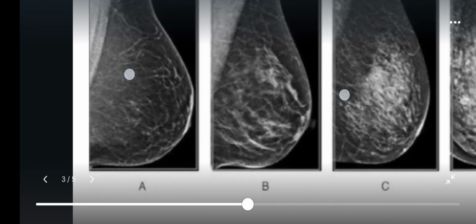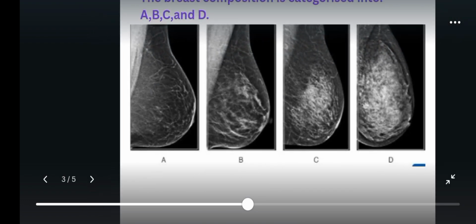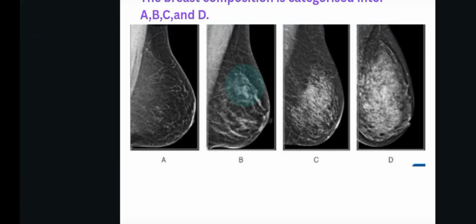The second image contains about 25 to 50% glandular and connective tissue. The rest is fatty tissue. These white areas are the glandular and connective tissue, but the dark areas are the fatty tissues.